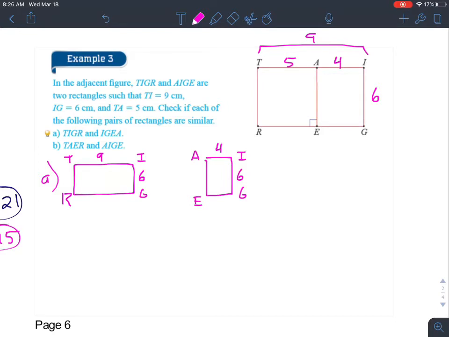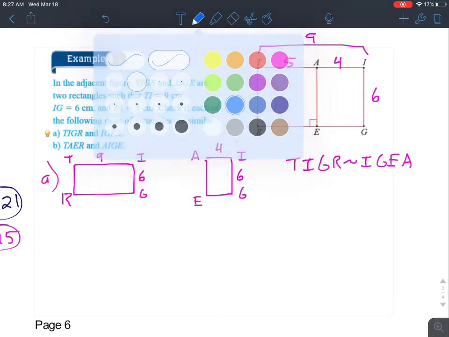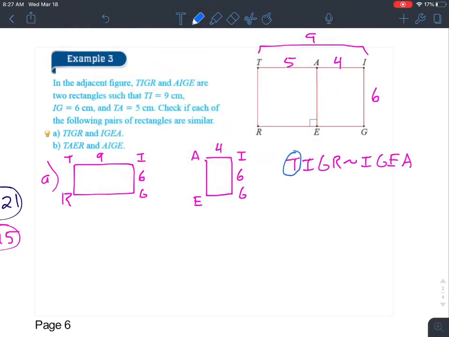Now, we have to be careful. The question tells us how these two rectangles are supposed to compare to each other. Because it said TIGR and it called the second one IGEA, that tells us that T in the first rectangle corresponds to I in the second, and I in the first rectangle corresponds to G in the second.